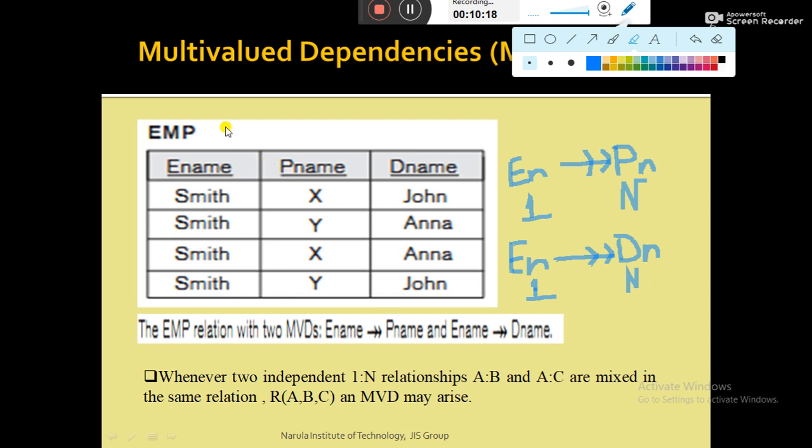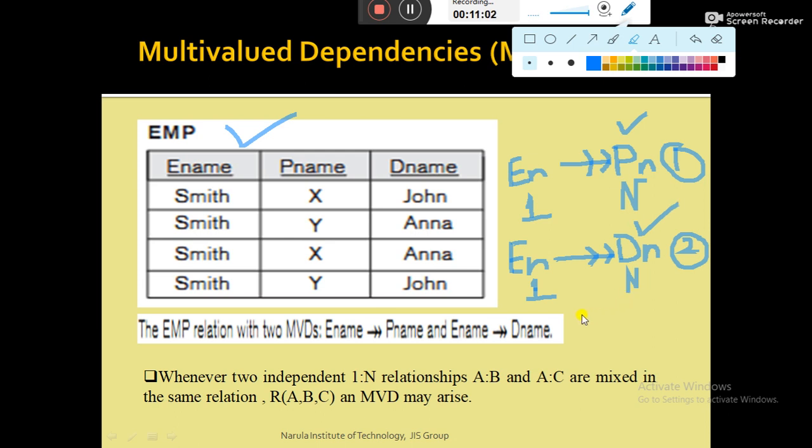So in the relation EMP, we have two 1:n relationships. This is one 1:n relationship, which exists between en and pn, and this is another 1:n relationship, which exists between en and dn. So two 1:n relationships exist. And another important point here is that these two multi-valued attributes, pn and dn, are independent of each other.